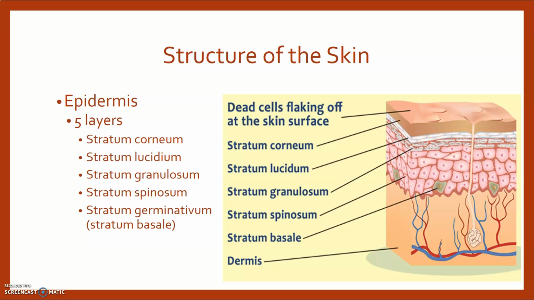Next is the stratum granulosum. Below that is the stratum spinosum. And then lastly, you have the innermost layer, which is called the stratum germinativum. And this is also commonly called the stratum basal.